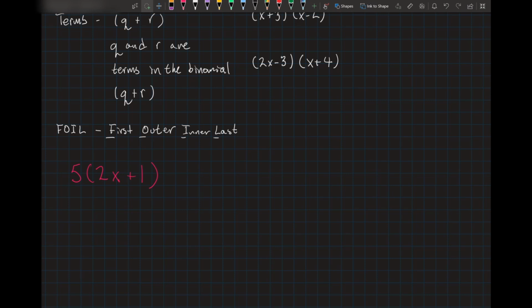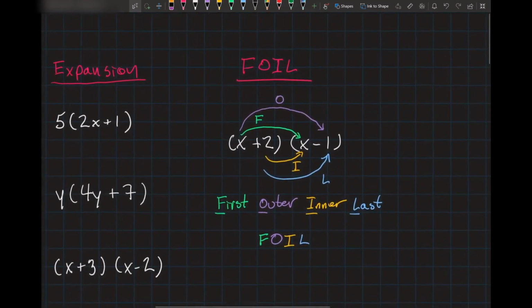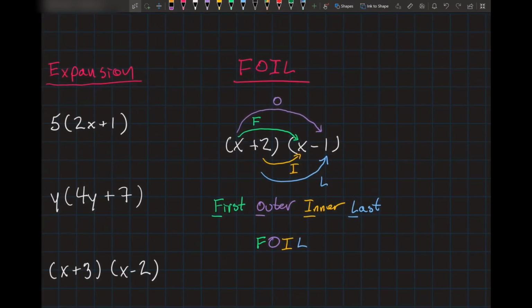It is the abbreviation for first, outer, inner, last, which I'll explain in more detail later, but I have a nice little drawing here. The arrows may confuse you, don't worry. Hopefully it'll become clearer after I've actually explained it.